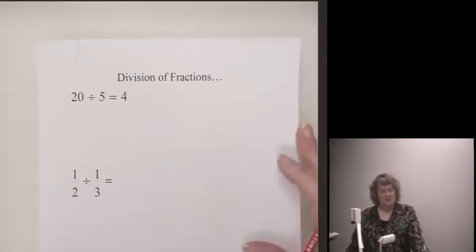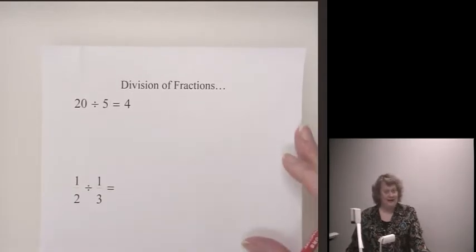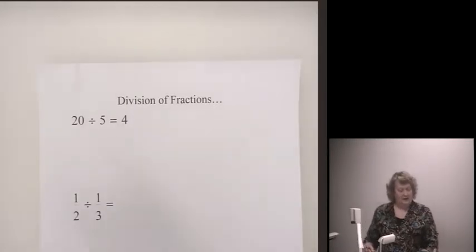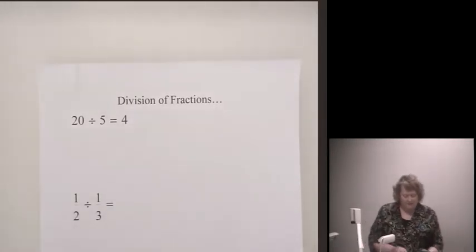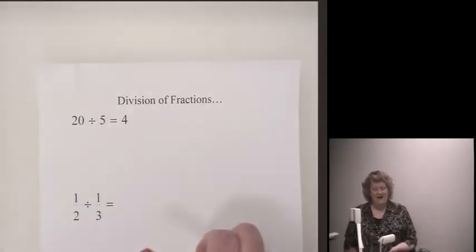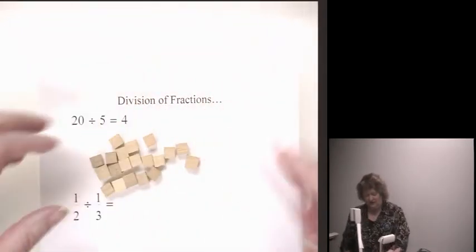And I want to start out with the division of whole numbers that we know the answer to, which is 20 divided by 5 is equal to 4. The reason I'm starting out with that problem is that one of the issues students have with dividing fractions is that they really don't know why dividing fractions works, why they get the answers that they do.